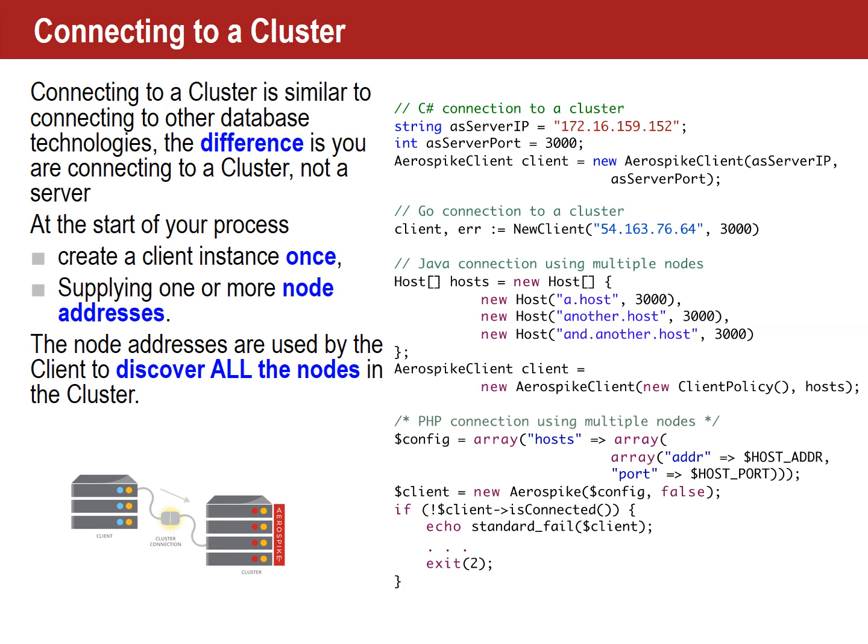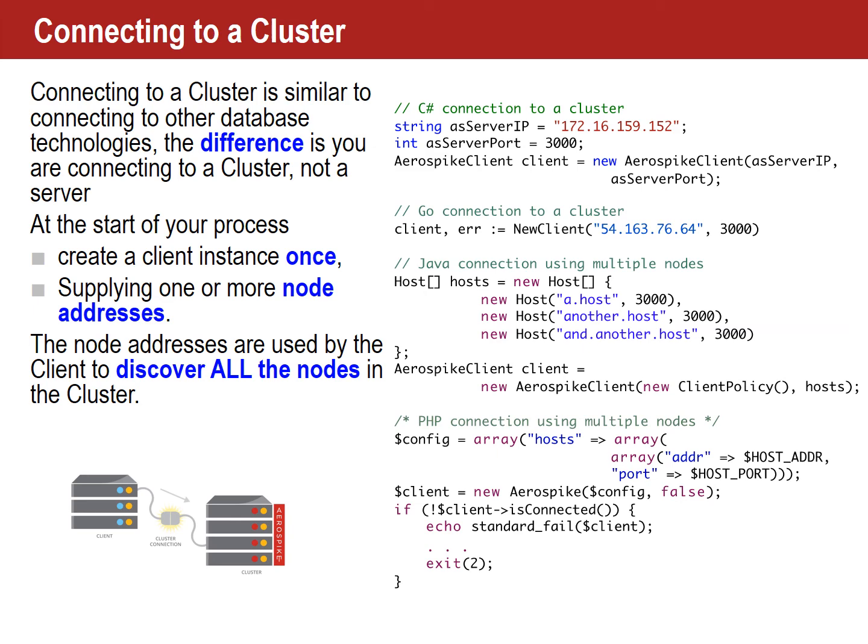So the Aerospike client library will start going to that list, and the very first node it connects to, it will reach out to that node and then get the list of all nodes in the cluster, and then open direct connections to each node of the cluster. And once these connections are established, you're ready to read and write data.